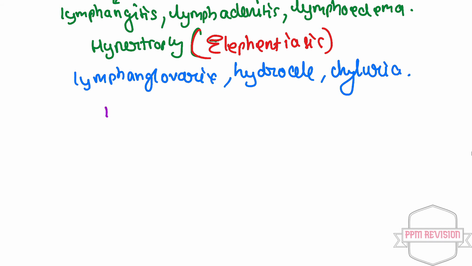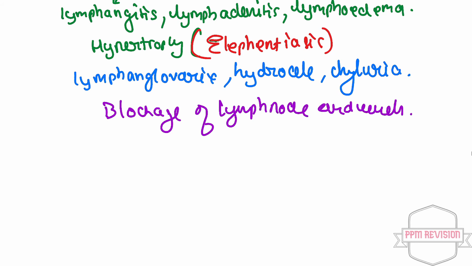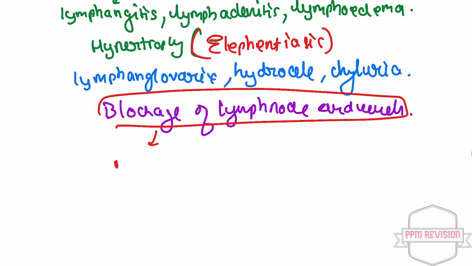So there is blockage of lymph node and vessels. So it can occur mechanically or due to allergic reactions. So it is mainly by allergy or mechanical block.